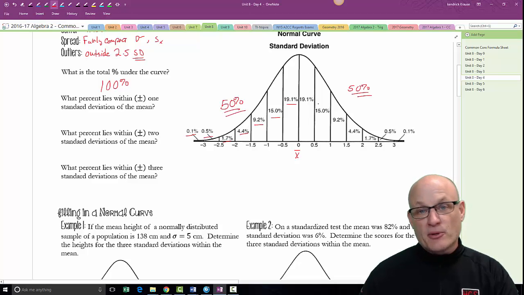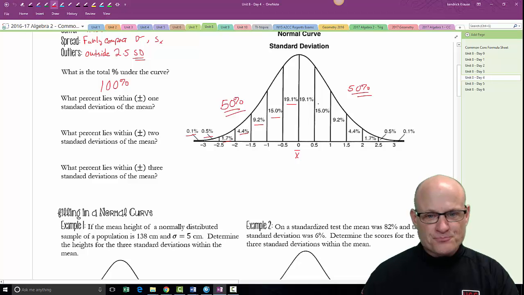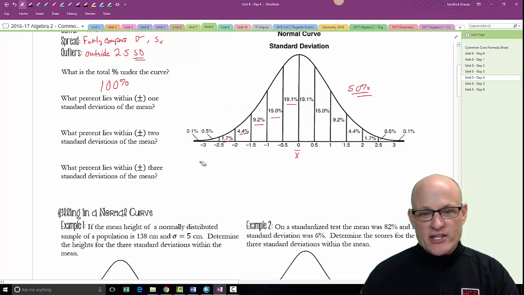Now, what these numbers on the bottom represent are standard deviations. How far away are we from the mean?